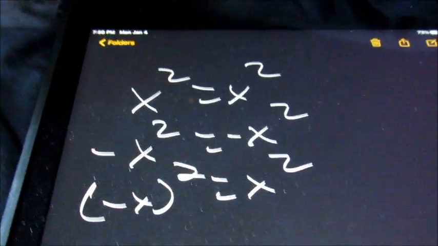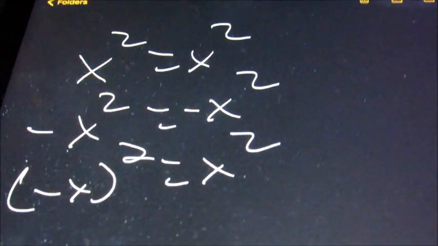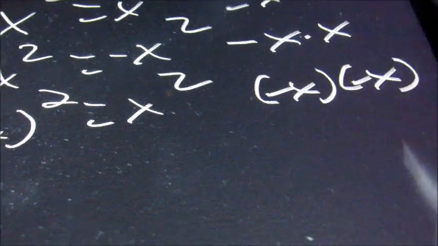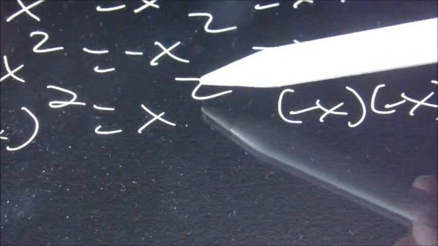So this is what I talked about in the previous section when we're squaring numbers. Because remember, this x squared means x times x. This one means negative x times x. And this one means negative x times negative x. And here, negative times positive is negative. Here, negative times negative is positive.